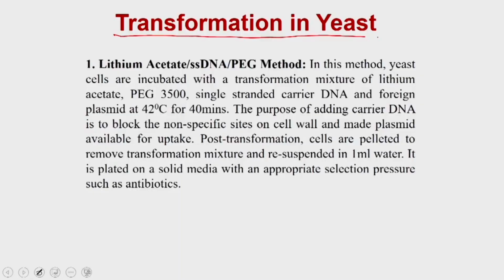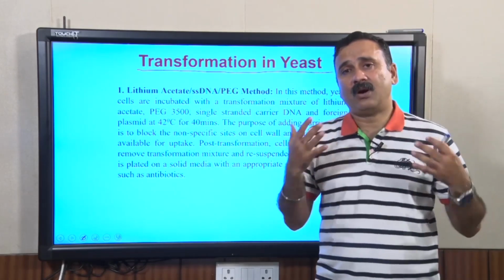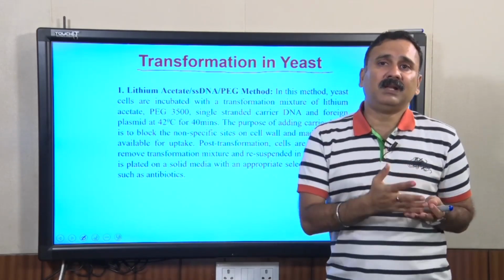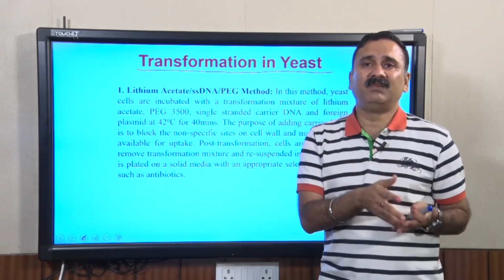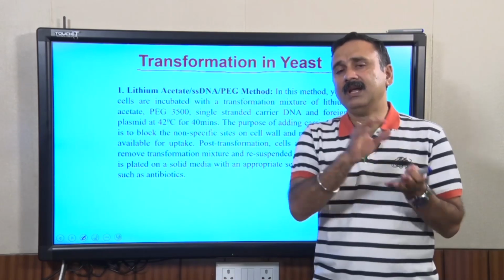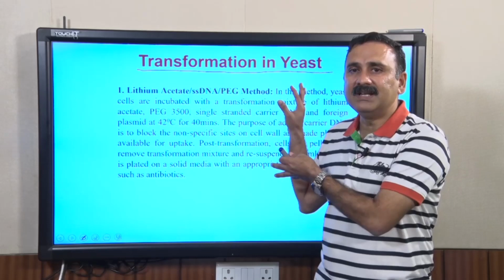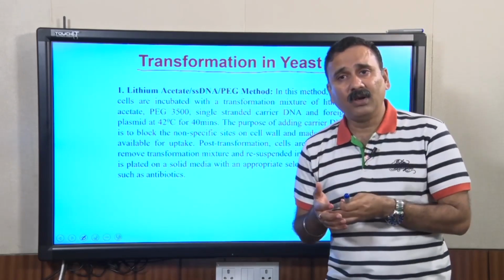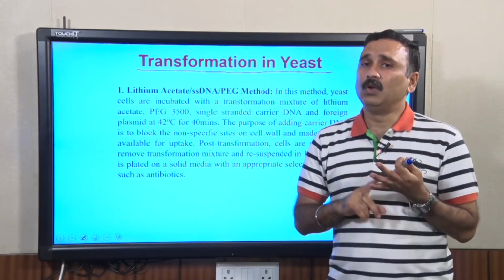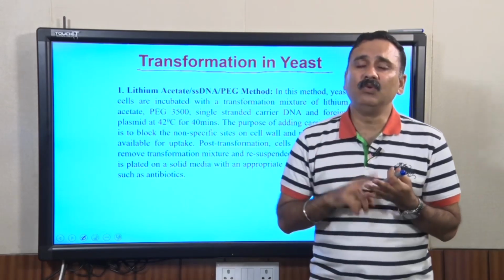Now we are going to start with transformation in yeast. Yeast is a eukaryotic cell, and it is much more complicated compared to the bacterial cell. In the bacterial cell you only have the cell wall and then the plasma membrane. Once you insert the DNA inside the plasma membrane, your job is done, whereas in yeast it is very complicated, because you have a cell wall in the first place, then the plasma membrane, and inside the plasma membrane you also have the nucleus.